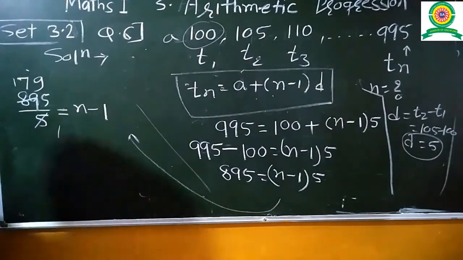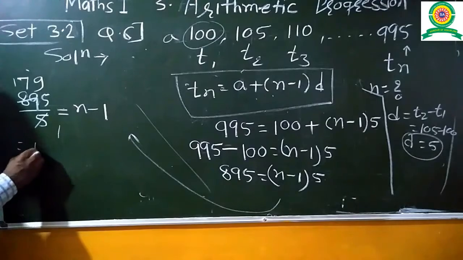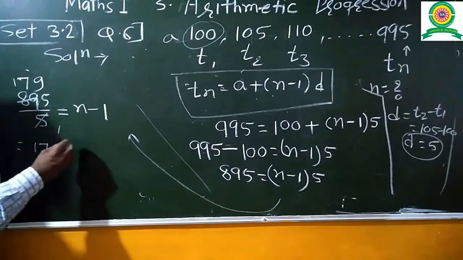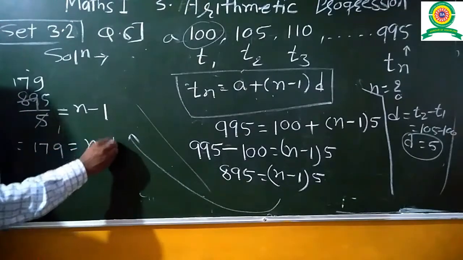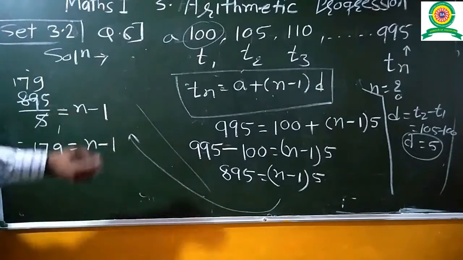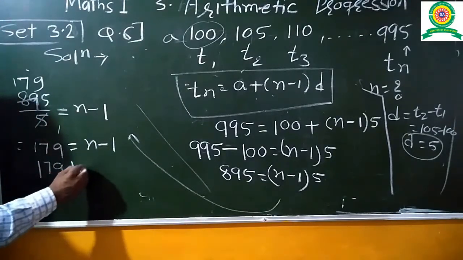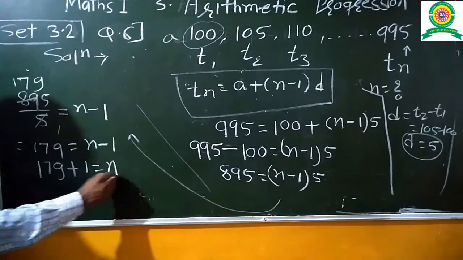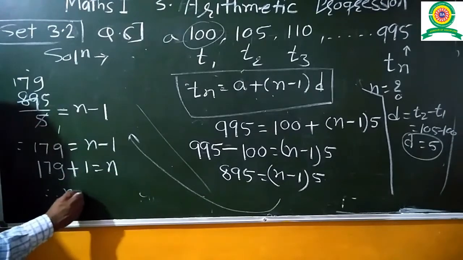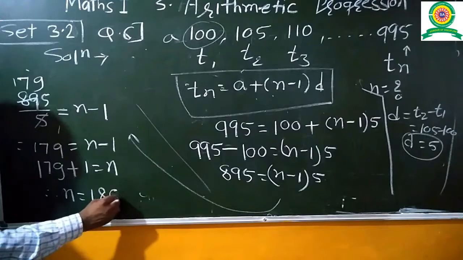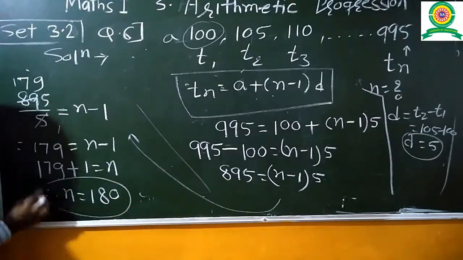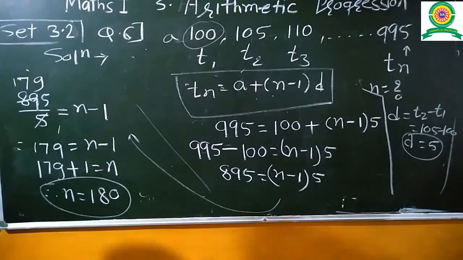So we get 179 = n - 1. Minus 1 from right to left becomes plus, so 179 + 1 = 180. Therefore, by adding, we get n = 180.